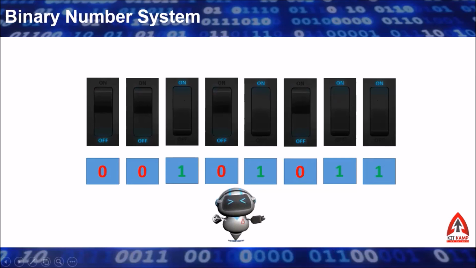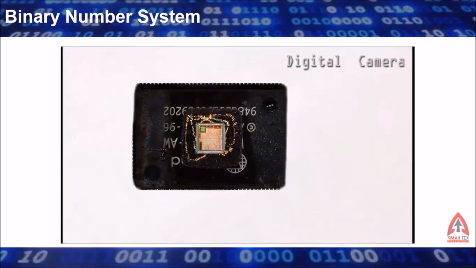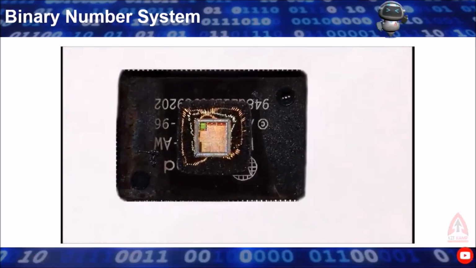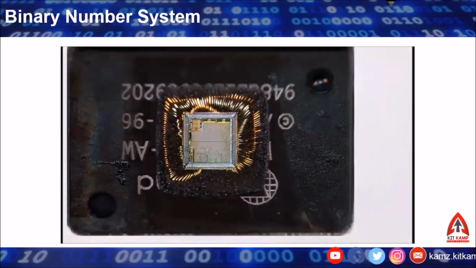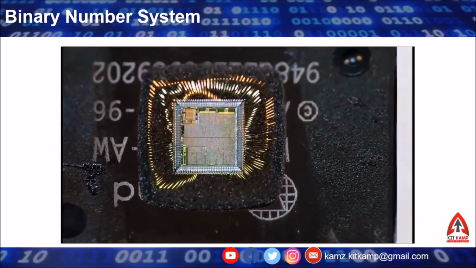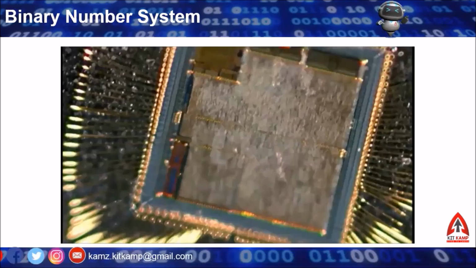So the value 00101010 is giving some instruction to your CPU. This is a video to show the microchip, or you can say your processor chip, which has millions of tiny switches inside it, and millions of instructions are being generated with those tiny switches.